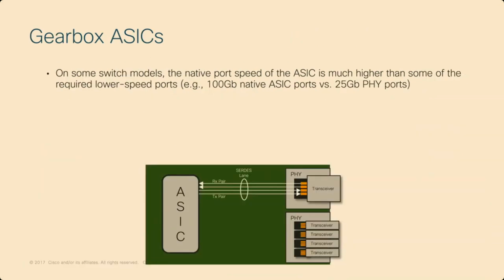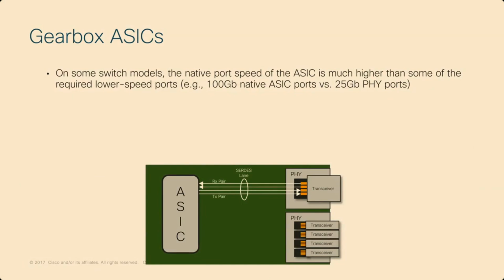So if I have a switch with a given physical cage for transceivers, I might have a configuration where there's a single set of SerDes lanes going to a single physical cage, but I might need to break up that signal. So for example, in a model of switch that has 100 gig and 400 gig ports, maybe I have a 400 gig transceiver port that's directly connected to the ASIC.